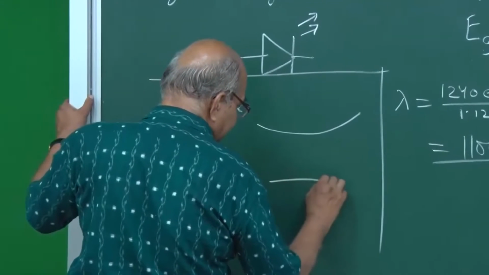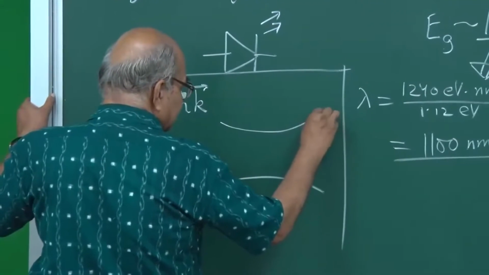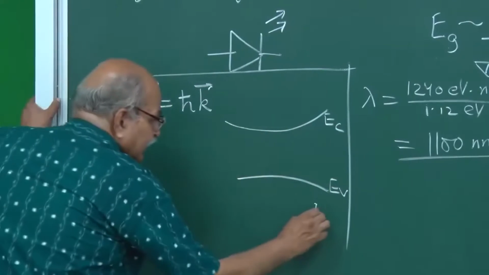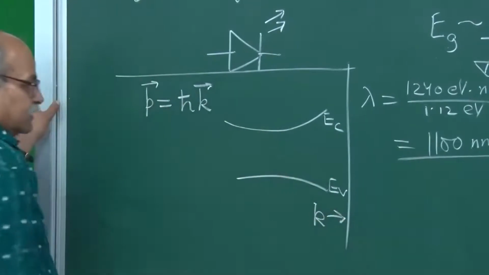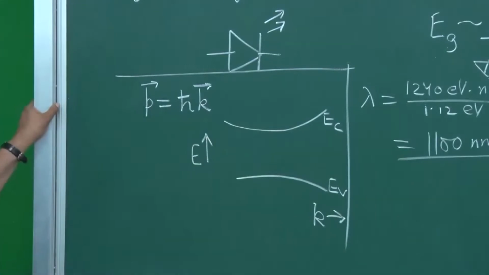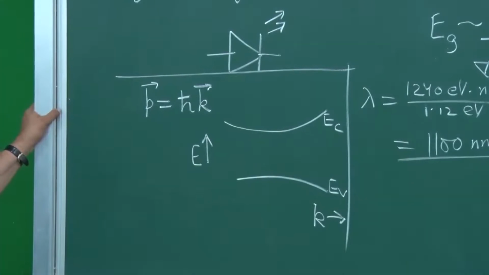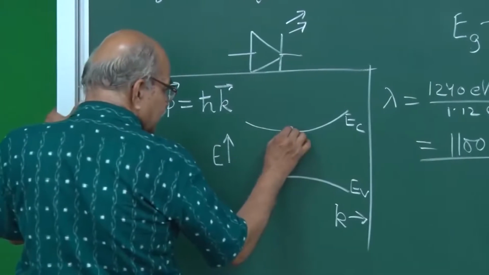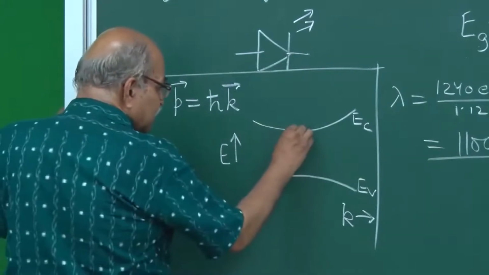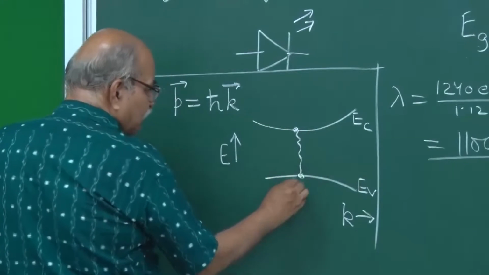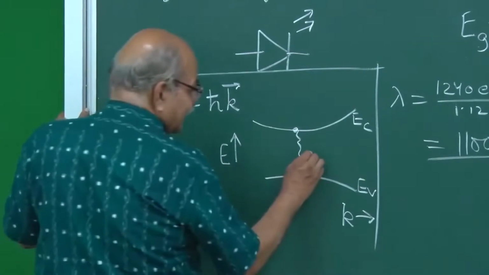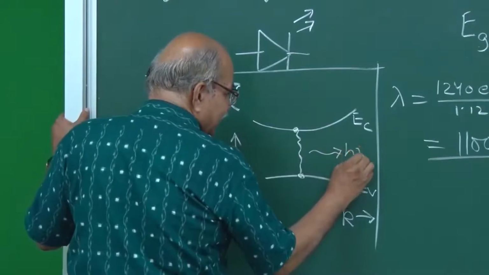Now the horizontal also means something: k is increasing in this direction and energy is increasing in this direction. If the electron is at the bottom of this conduction band and falls to the top of the valence band, a photon can be emitted.